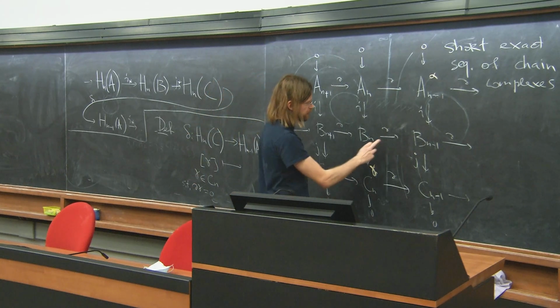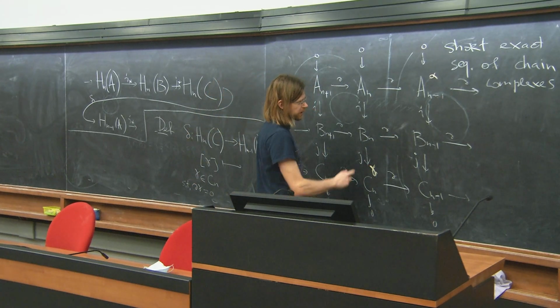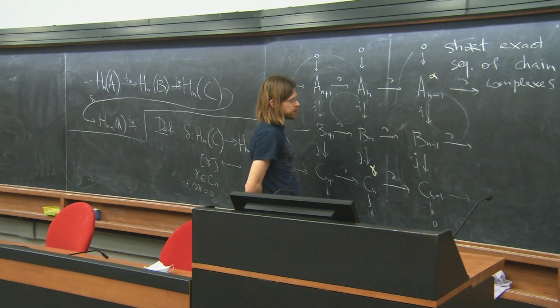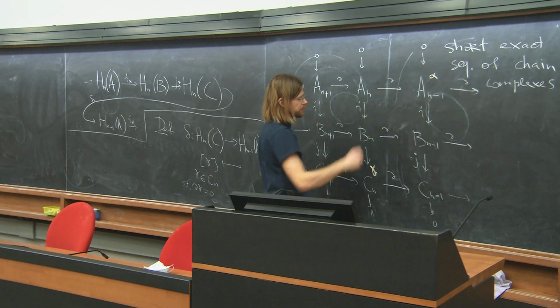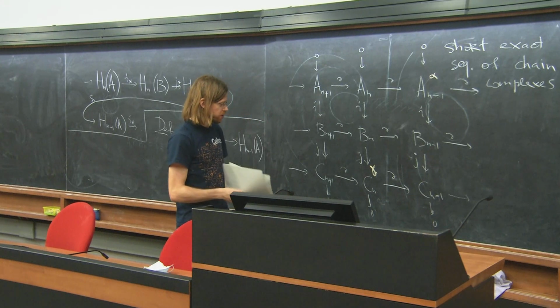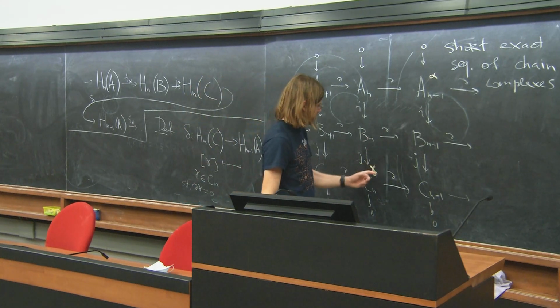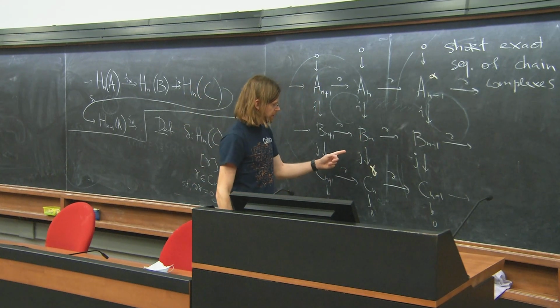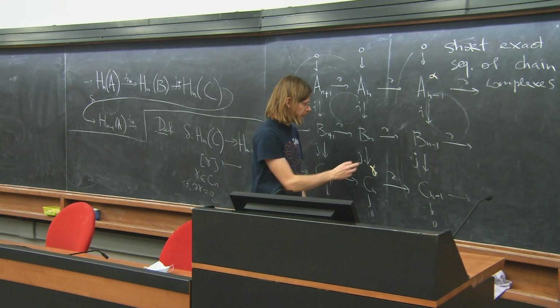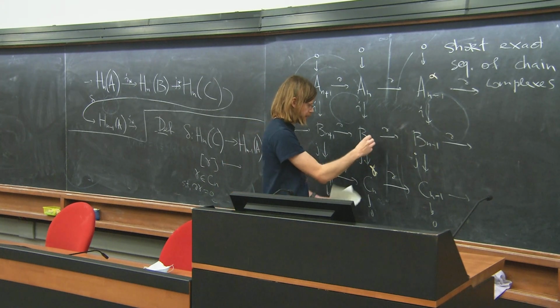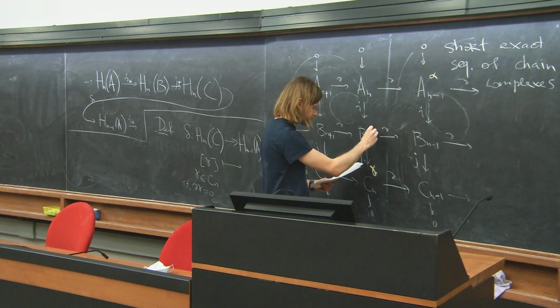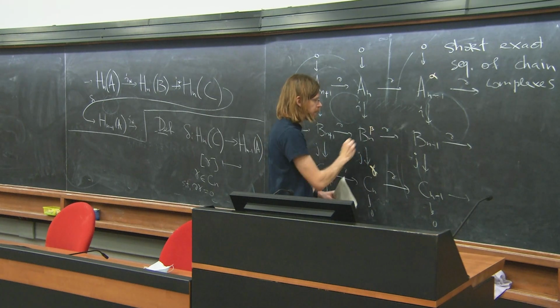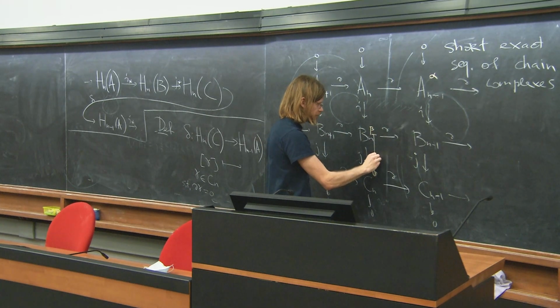And so we have to somehow try to go along this diagram to obtain alpha. Well, the naive way is just to first try to find a preimage of gamma under this map, beta. The beta is mapped to gamma.